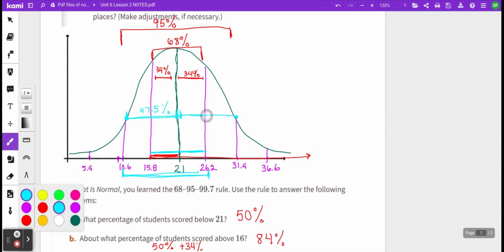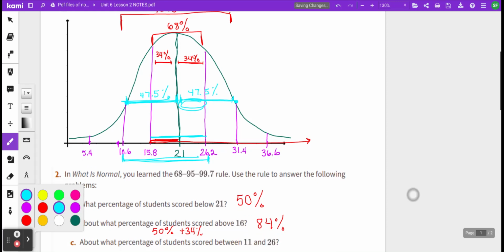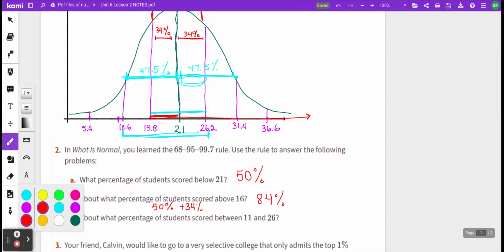And from here on would again be 47.5%. So we could take this part plus this one to get in between. So we can take 47.5%, and we can add it to our 34%, and we're going to get 81.5%.